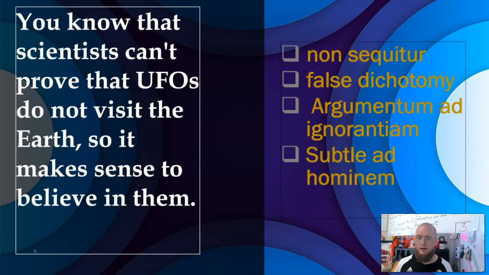Argumentum ad ignorantum. Yes. A lot of times, not always, you'll have them wanting you to prove a negative. It's very difficult, in a lot of cases impossible, to prove a negative. Moving on.